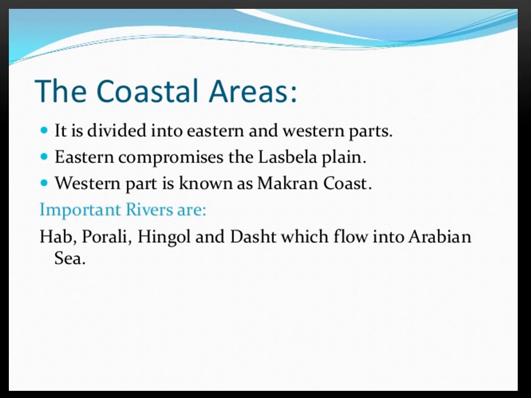The eastern part comprises the beautiful Lasbela plain, which is marked by gravel and sand dunes. The sand dunes are natural elevations in sand due to wind. You can find them in deserts. The western part is known as the Makran Coast, where the Makran Coast Range projects into the sea and forms a narrow coastal plain. The important rivers are the Hab, Porali, Hingol, and Dasht, which flow into the Arabian Sea.